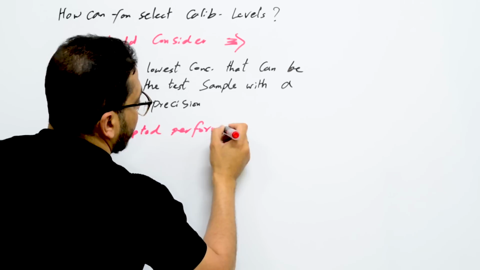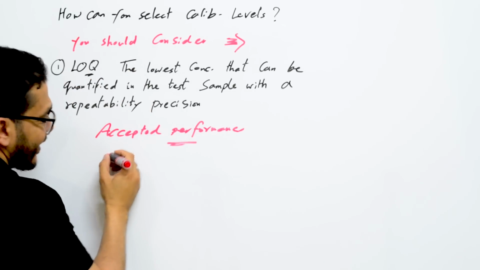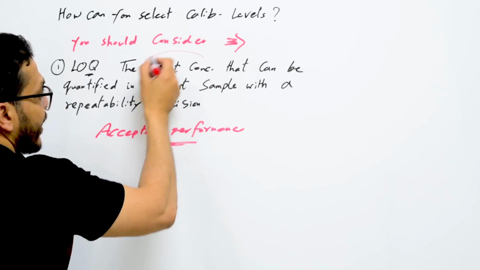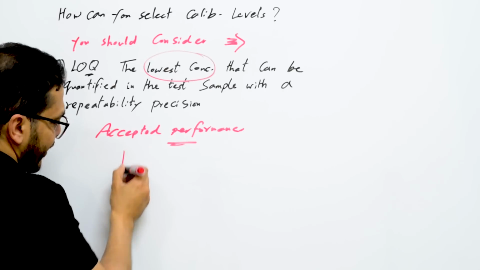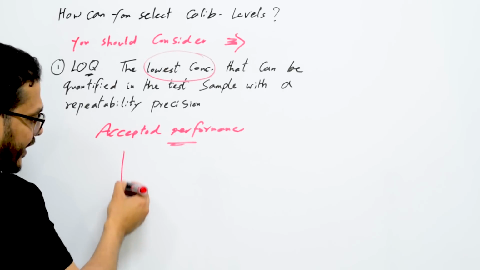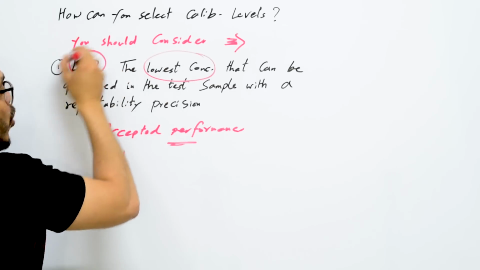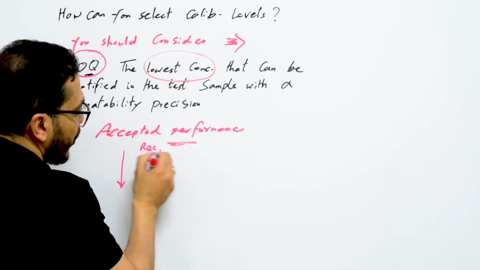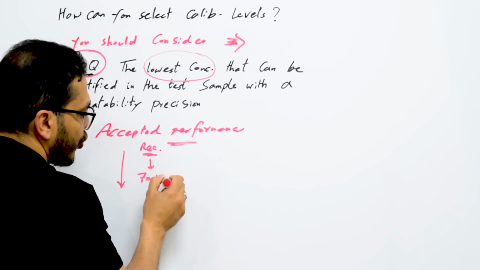When you run replicate analysis of samples spiked with the lowest concentration that can be quantified in the test sample, you will get the recovery within an acceptable range, as an example from 70 up to 120%.